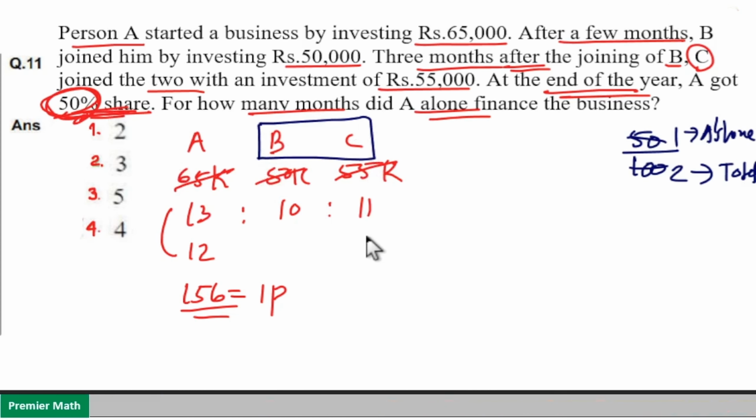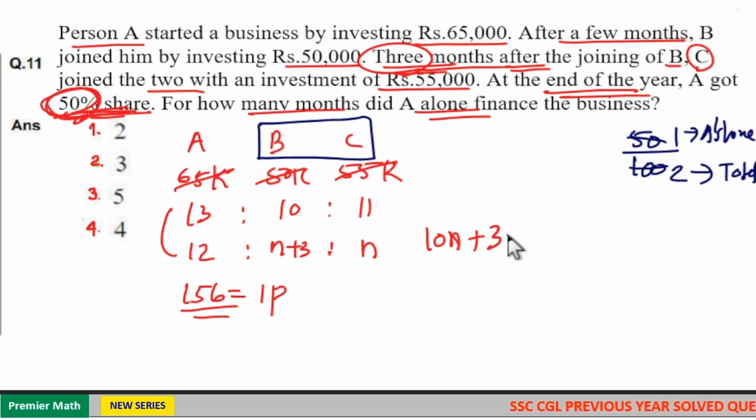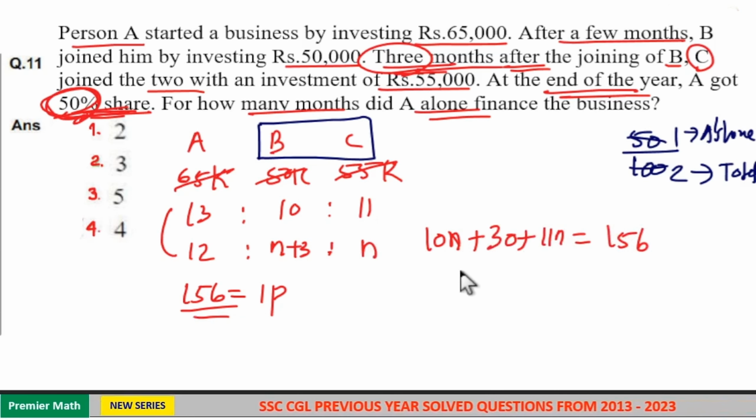Now, if C invested for n months, then B invested for n plus 3 months, because after 3 months C joined these two people. That is, B invested 3 more months than C. Now B plus C share is equal to 10 into n plus 10 into 3, 30, plus 11 into n, 11n, which is equal to the remaining 156 part.